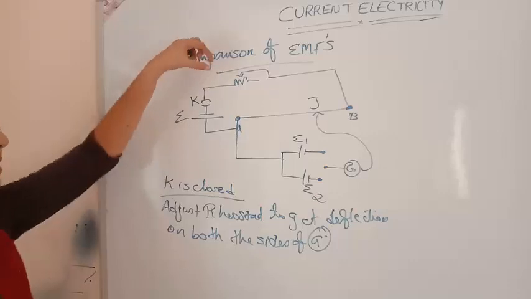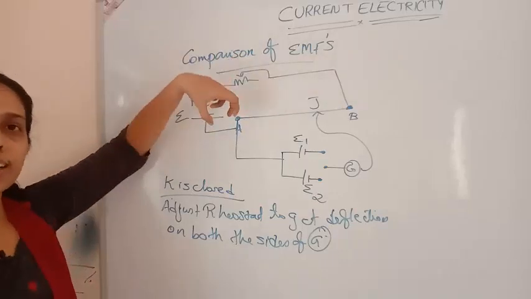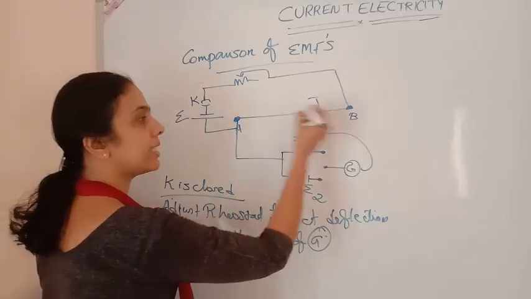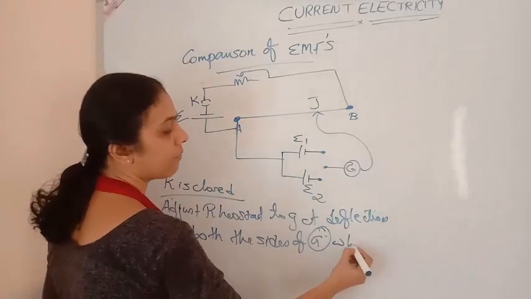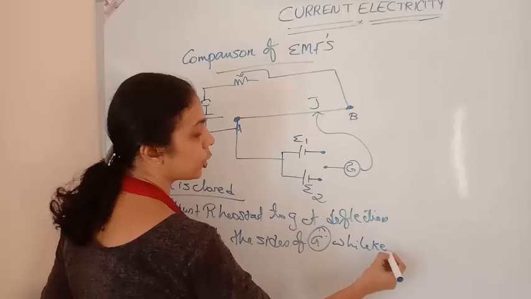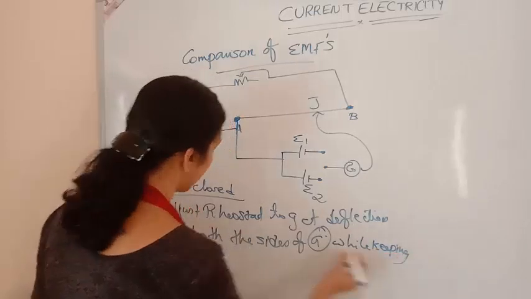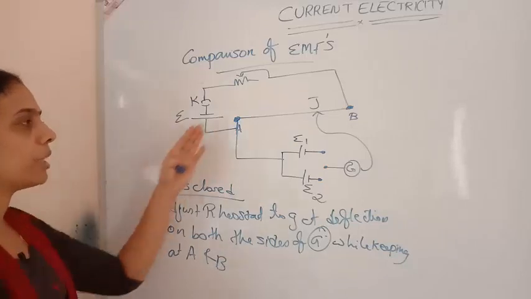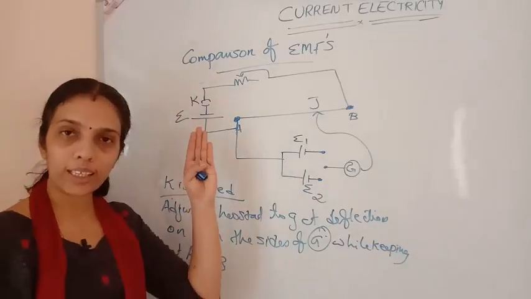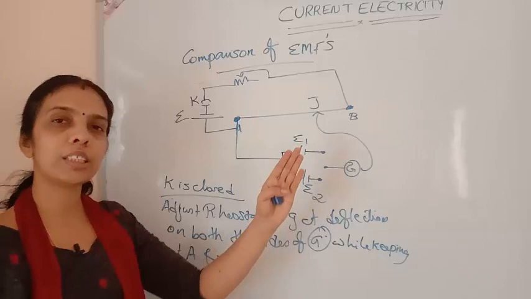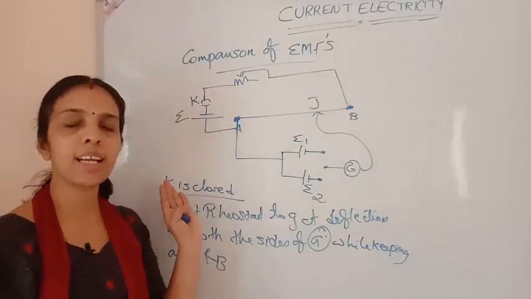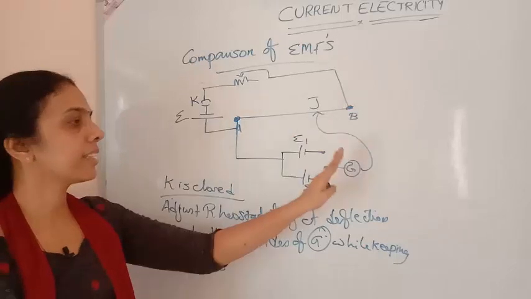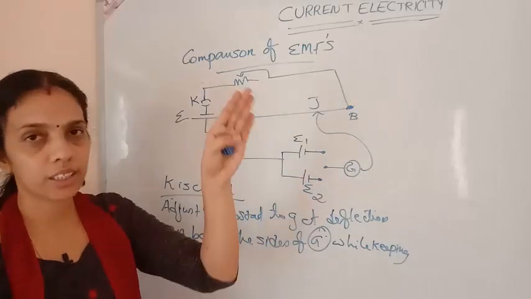So we can adjust the rheostat to get the deflection in the galvanometer on both sides, while keeping the jockey at end A and end B. If the jockey is at A, the galvanometer will show deflection at one end, and if the jockey is at end B, the galvanometer will show the deflection on the opposite side.